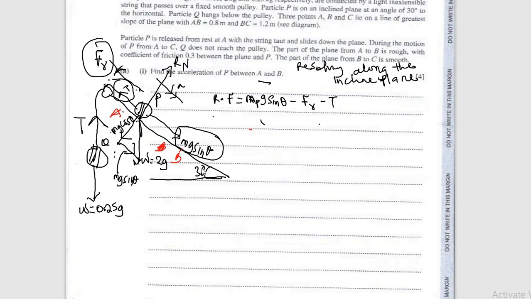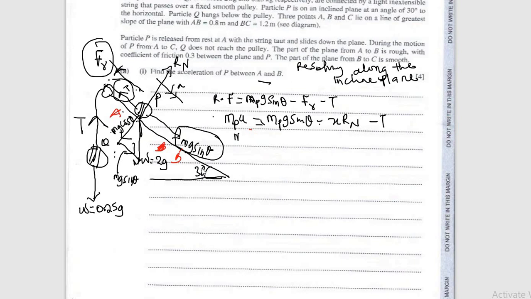According to Newton's second law, force is ma. The mass along the plane is the mass of P, so mP a equals mP g sin theta minus frictional force, which is coefficient of friction times normal reaction, minus tension.